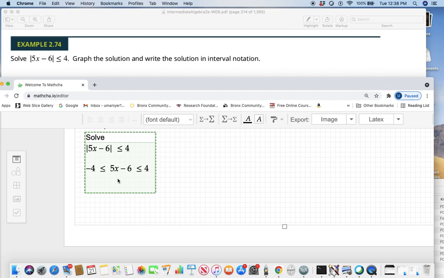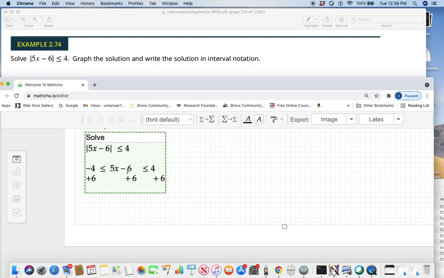Negative 6, I want to get rid of. Add 6. You see there are 3 pieces. 1 is here, 1 is here, and 1 is here. I hope it's clear, right? There is that inequality. Because there are 2 inequalities, there are 3 pieces here.